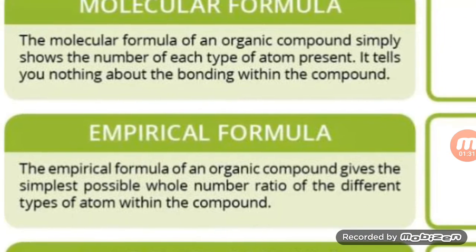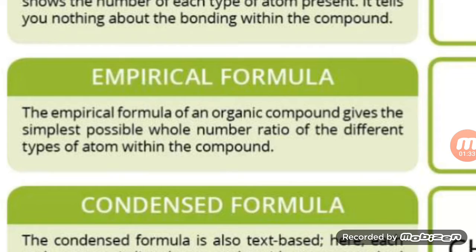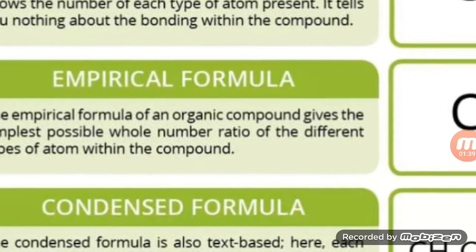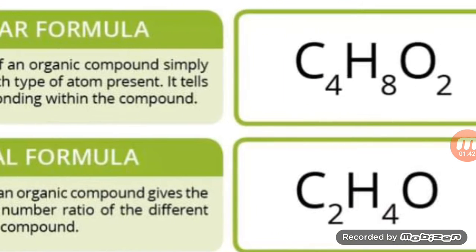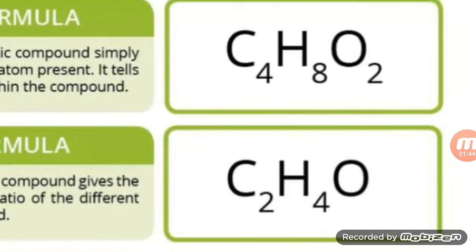Okay. Then comes the empirical formula. Empirical formula gives the simplest ratio of any molecule. It will not tell completely how many atoms are present in a molecule, but it will tell the simplest ratio of the atoms that are present.